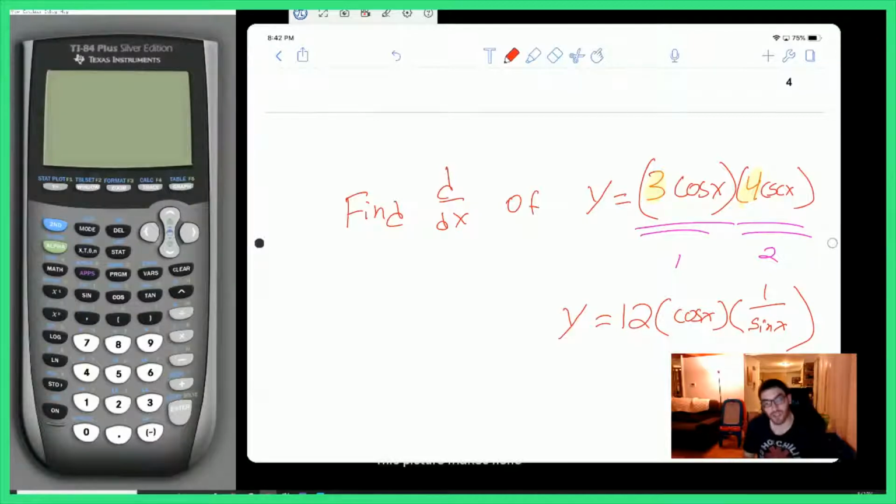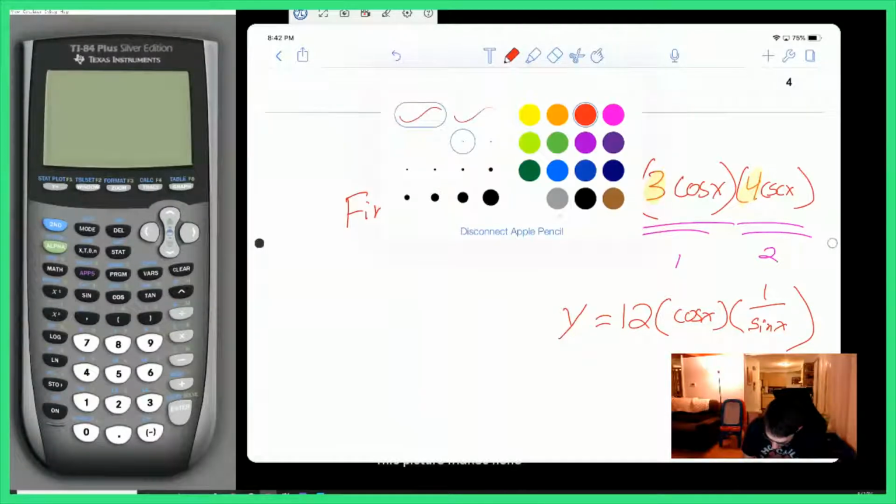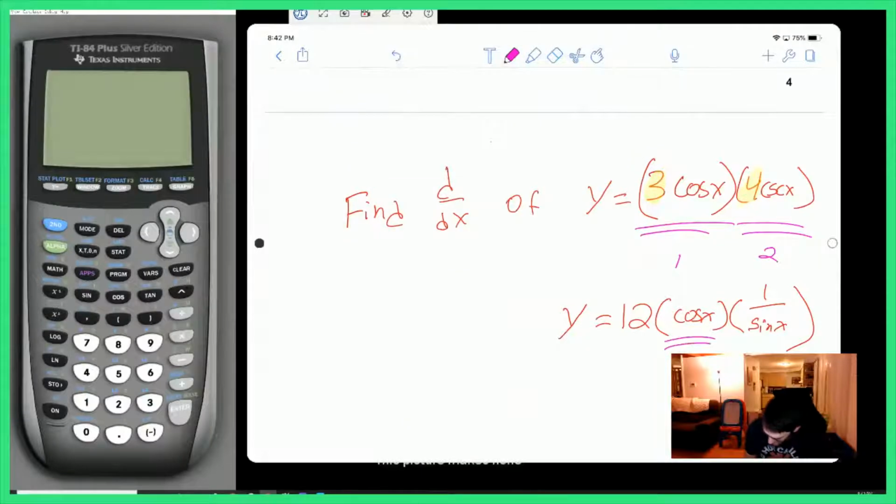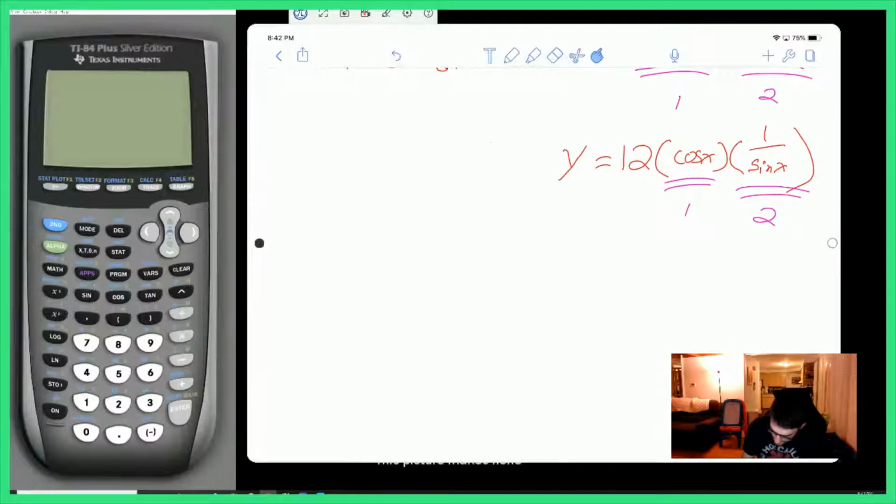So now we can take the derivative with the product rule, where this is piece number 1 and this is piece number 2, and we could just feed the 12 back in. Or we could identify that cosine times 1 over sine is just cotangent x. Cosine over sine is just cotangent.